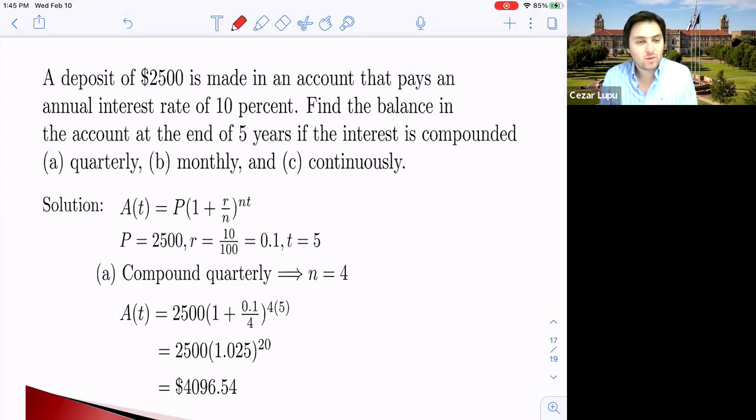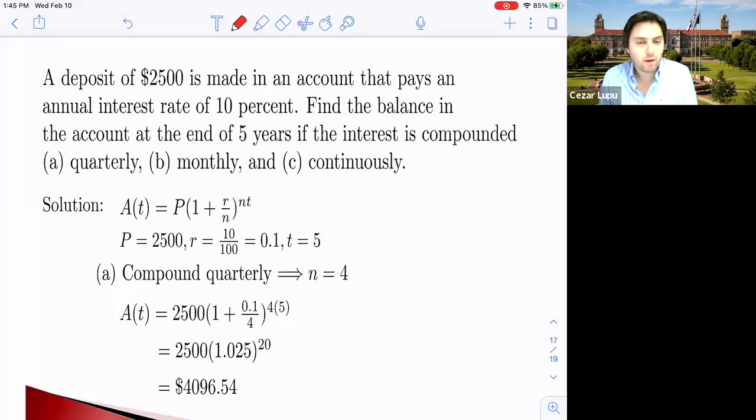So let's see the first one, quarterly. So again, the formula A of t is P times 1 plus r over n, everything to the power nt. So in our case, the deposit is 2,500. R will be 10 over 100, right?